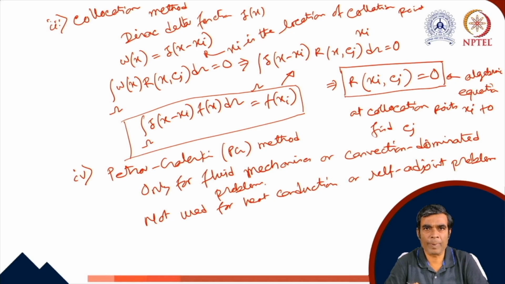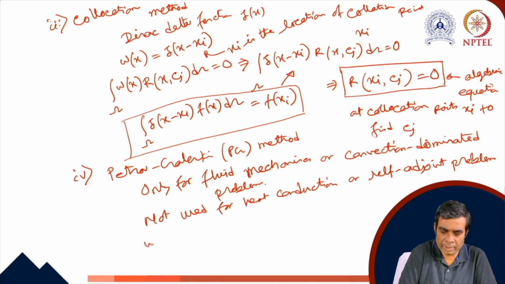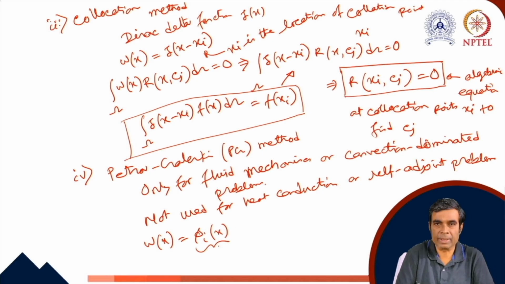So in the Petrov-Galerkin formulation, the weight function is a perturbed approximate function. This is the original Galerkin approximate function, and we perturb it by adding a perturbation term del phi I x.